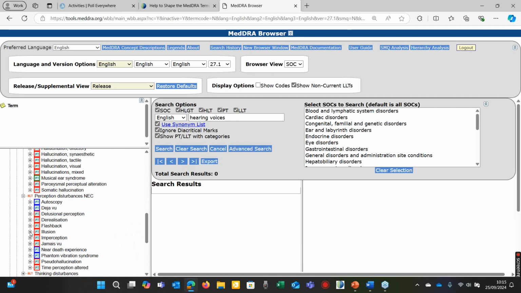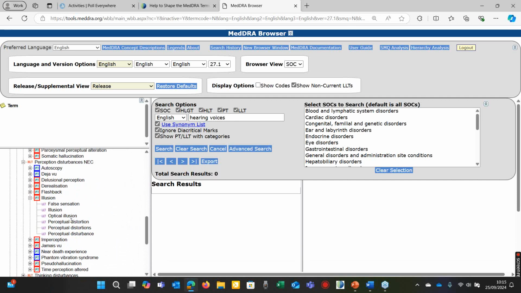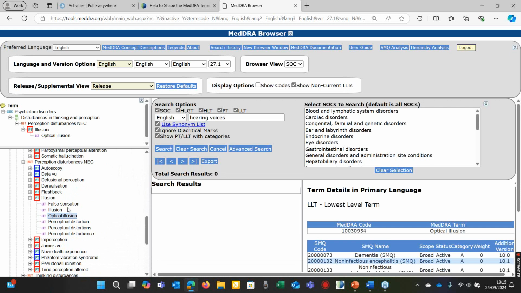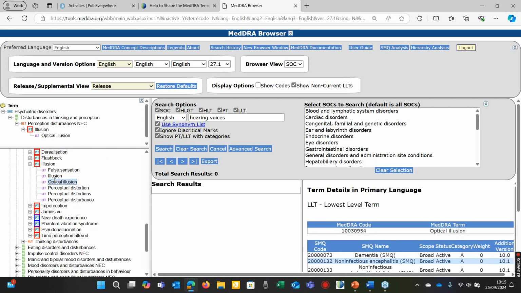We don't have separate illusion terms for all of the senses as we do for hallucinations. We only have one PT of illusion. And there we have the optical illusion, which would indicate that it's visual, or if you're not comfortable with that, you can use perceptual distortion or perceptual disturbance for all the others. They're all seen as synonyms with the term illusion.